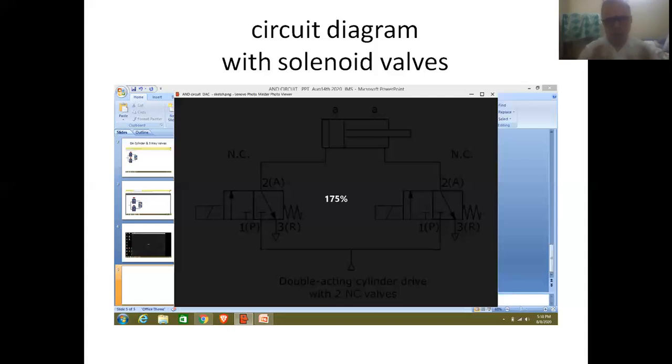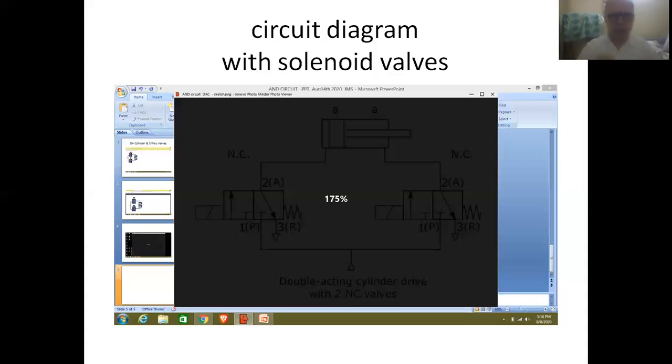So both the valves are essential for operating the cylinder. Therefore, it is called an end valve circuit. Now coming to the arrangement of the valve, these are the symbols shown for these valves.